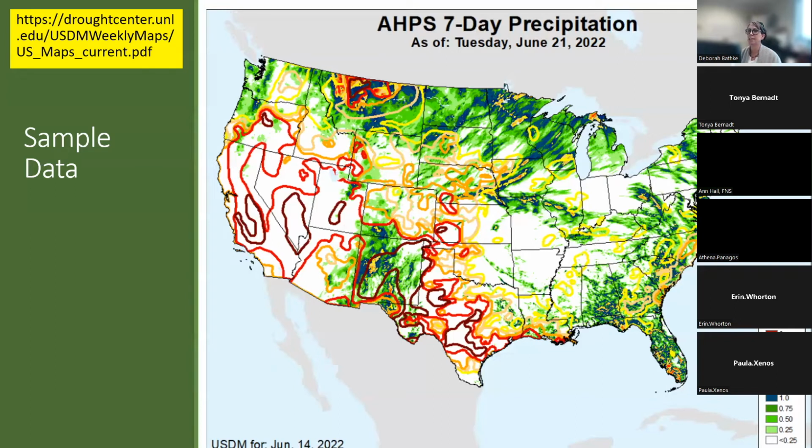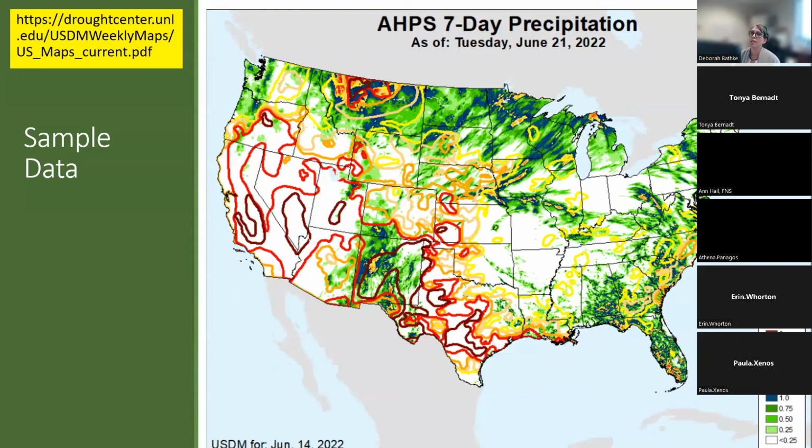In this case, it's AHPS 7-day precipitation. So it's over the 7 days since the last map was released, or since the data cutoff period. And AHPS just means that it's a multi-sensor precipitation estimate that incorporates both radar and rain gauge data. And this is produced by the National Weather Service.